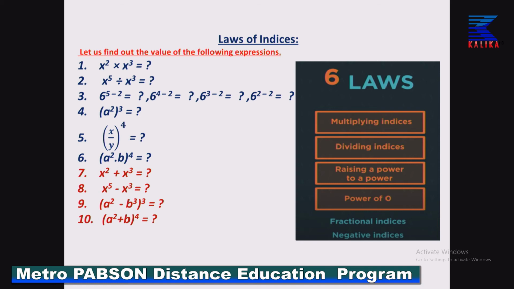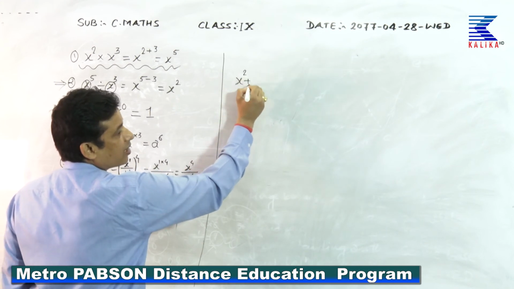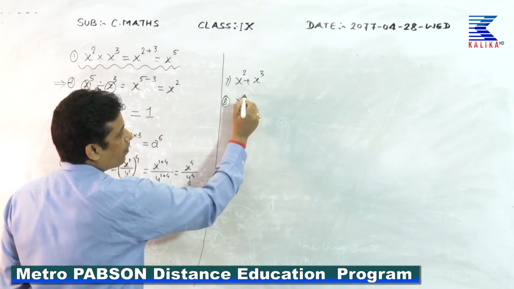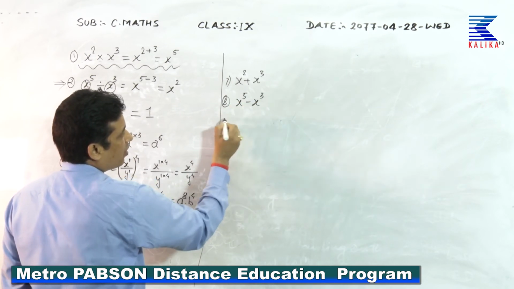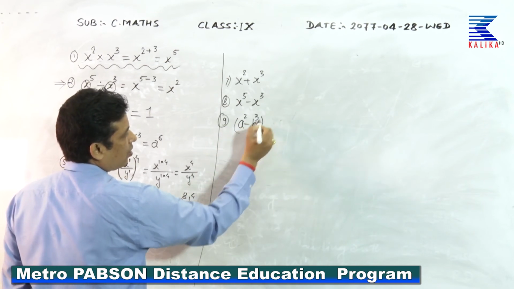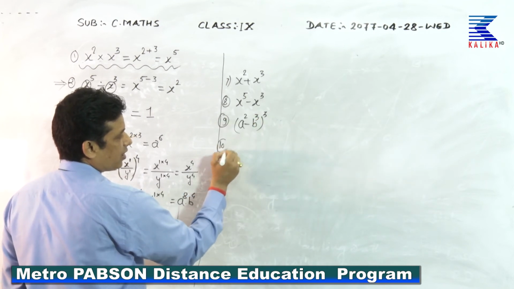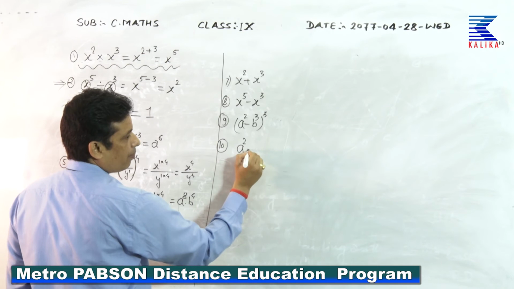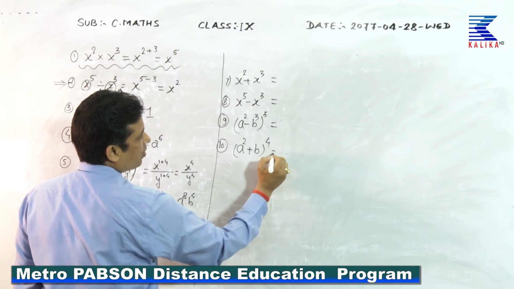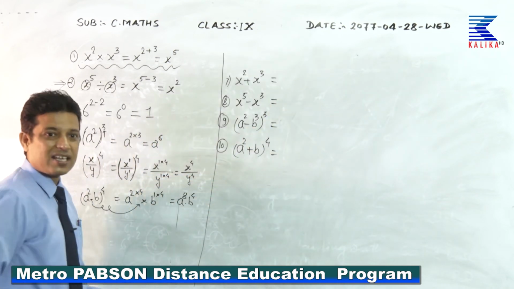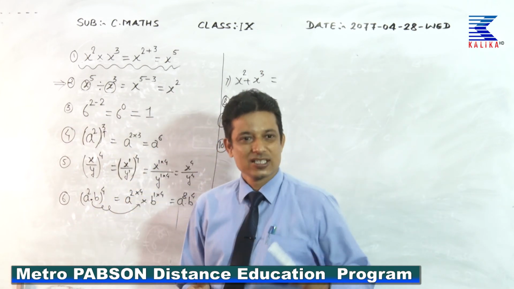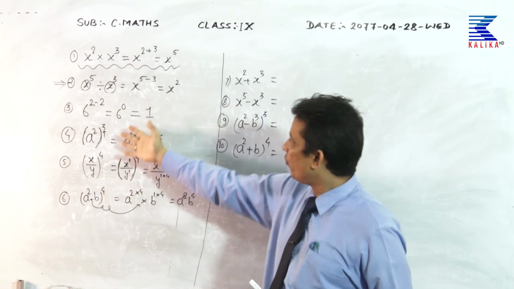Number 7 you can see there is x square plus x cube, number 8, x to the power 5 minus x cube, number 9, a square minus b cube all to the power cube, number 10, a square plus b to the power 4 is equal to what? So, now I have given these 4 expressions just to compare.